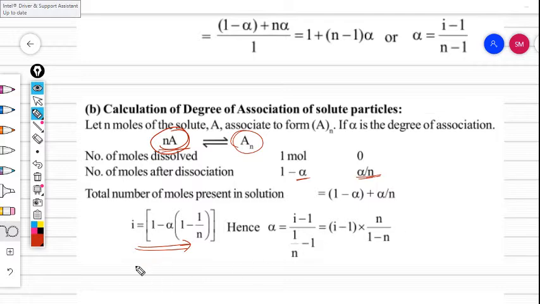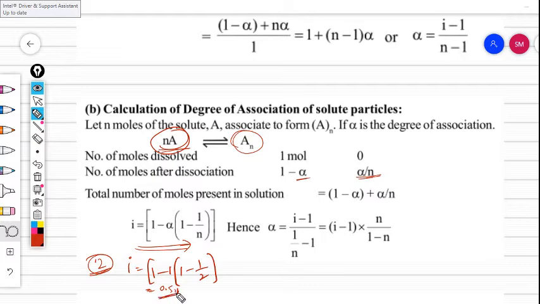For example, benzoic acid is going to become a dimer, so the n value will be 2. If I consider 100% association, i is 1 minus 1 into (1 minus 1 by 2). So this is 1 by 2, so overall i is 1 minus 1 by 2, which is 0.5.